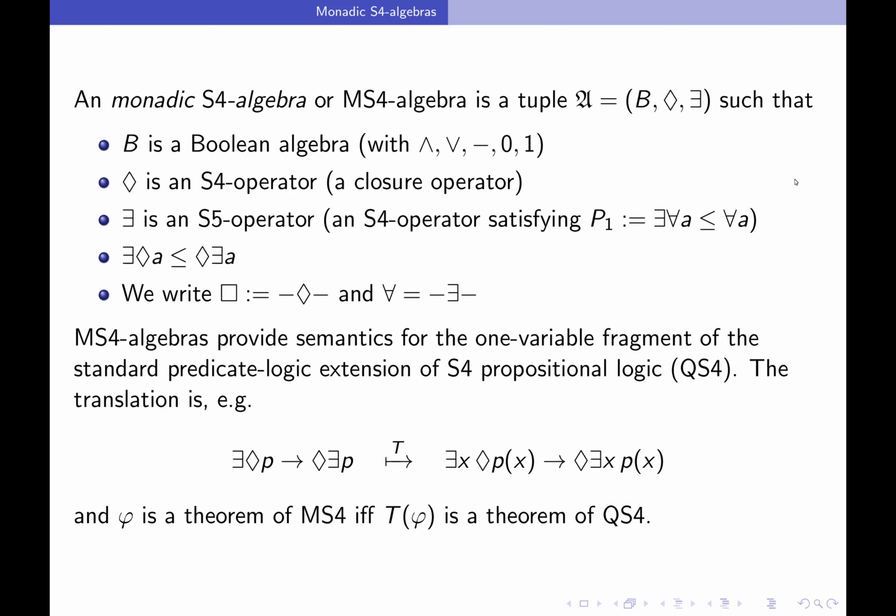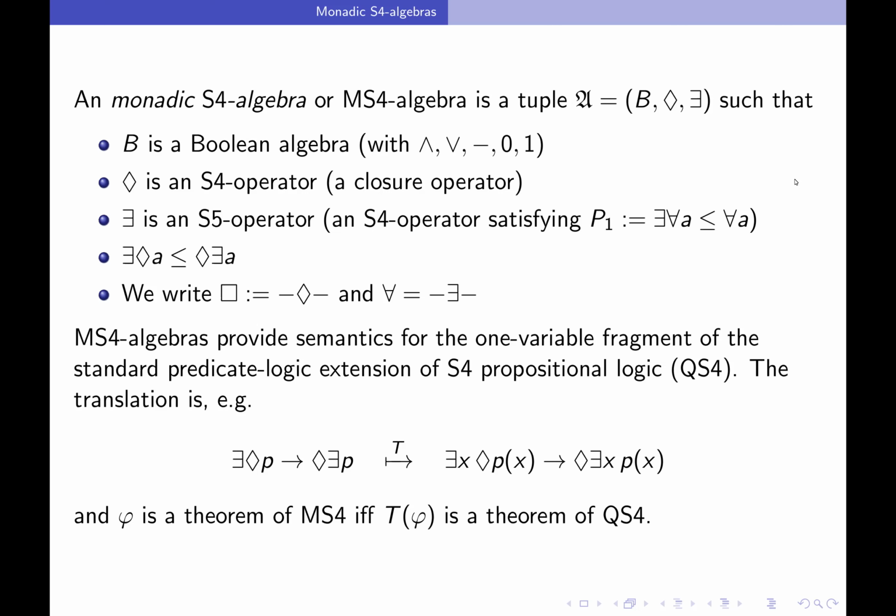So if you do this and then you look at only unary predicates and you're only allowed to quantify over a single variable, we would call that the monadic fragment. And the translation of how we're thinking of formulas as representing monadic first order formulas is like this example here.